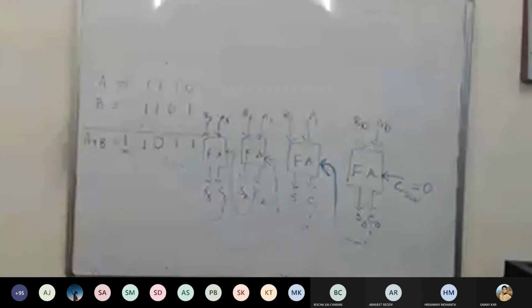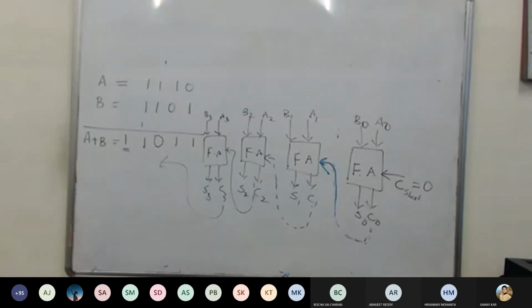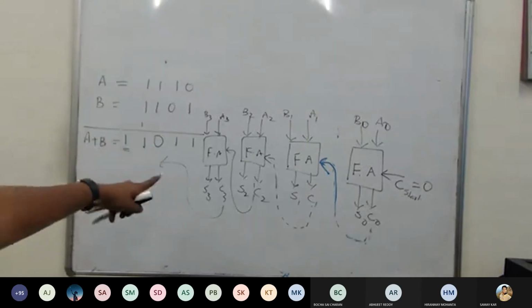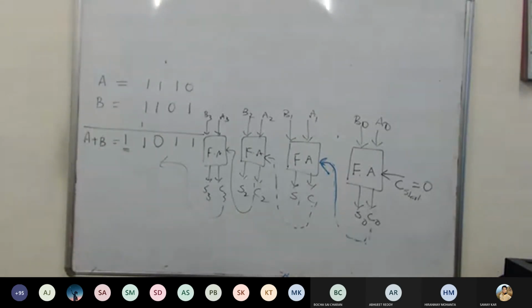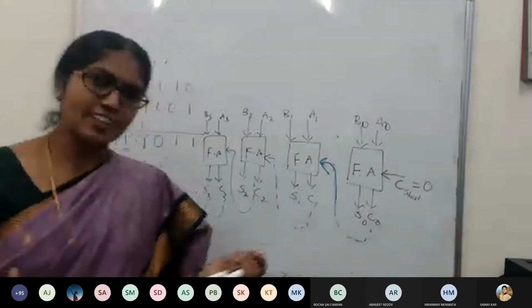Because I want to add 4 bits in parallel, though it is a parallel adder, I am not getting the parallel summation at the same instant. Again and again I am trying to repeat. Please try to understand: the parallel adder is there, but I am not able to get a parallel result. You agree with that, right?